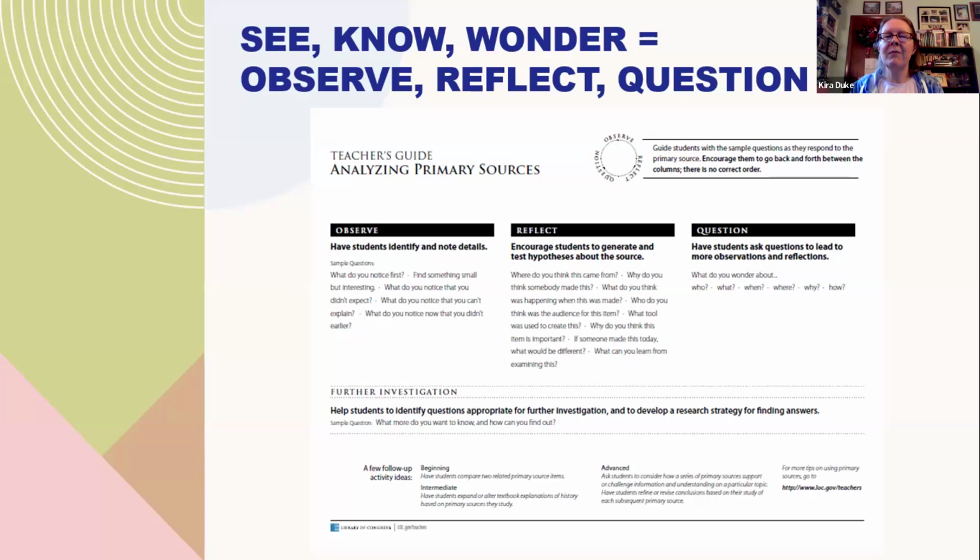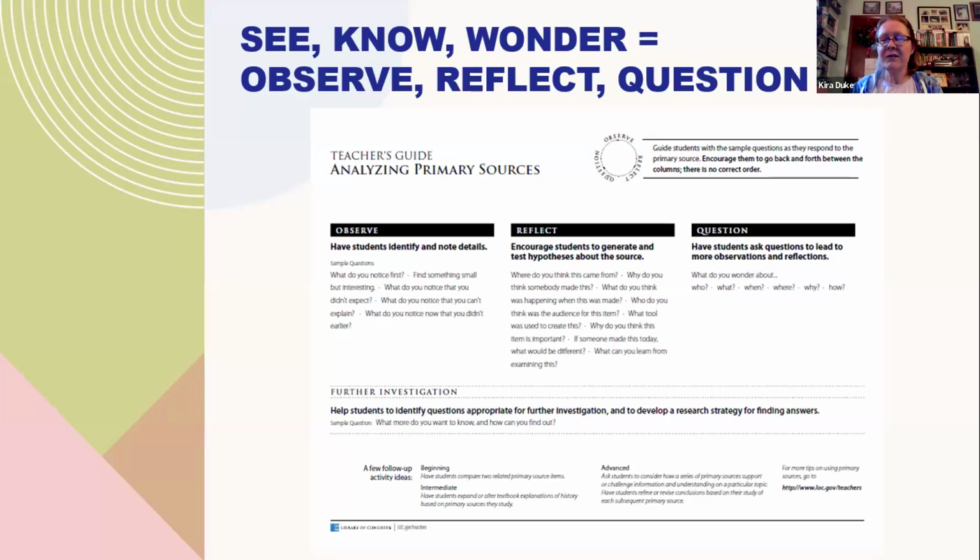This is the one that the Library of Congress developed, the 3-question approach, where they have observe, reflect, and question. We'd like to simplify that with, what do we see, what do we know, and what do we wonder?